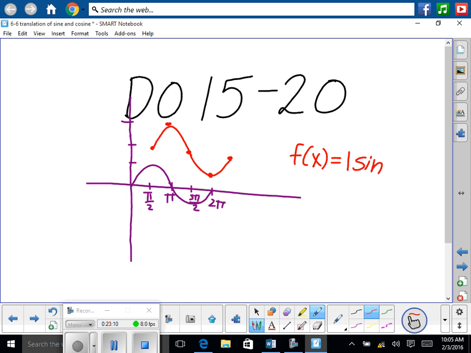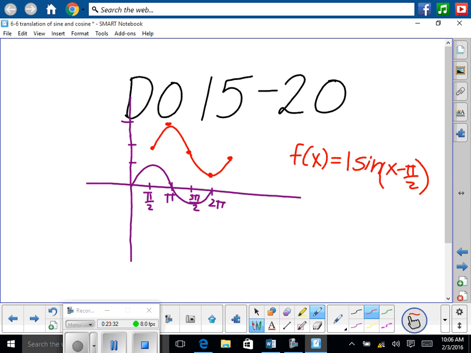And then what's my shift left and right from the parent function? I like to look at 1 point. Like this one's 0, right? Where is it at now? Pi half. So we went right pi half. So wouldn't that be x minus pi halves, in parentheses? And then you could check a couple more.